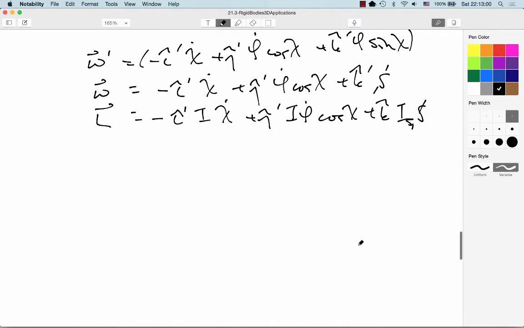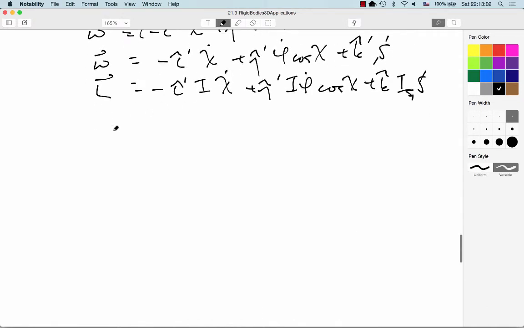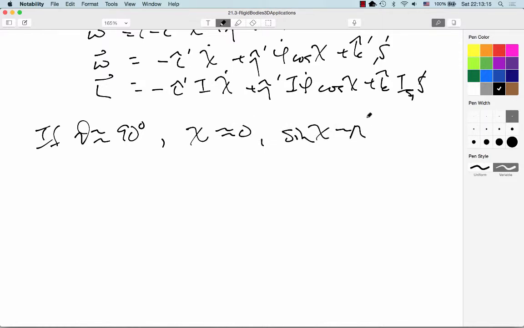All right, now in normal riding, we would hope that our theta is about 90 degrees. And that means that chi would be about 0, which means that sine chi would be approximately chi, and cosine chi would be approximately 1.